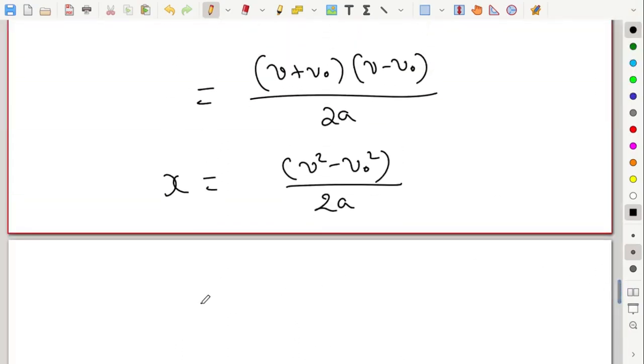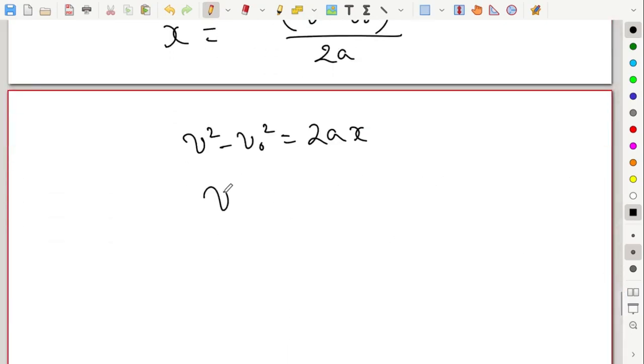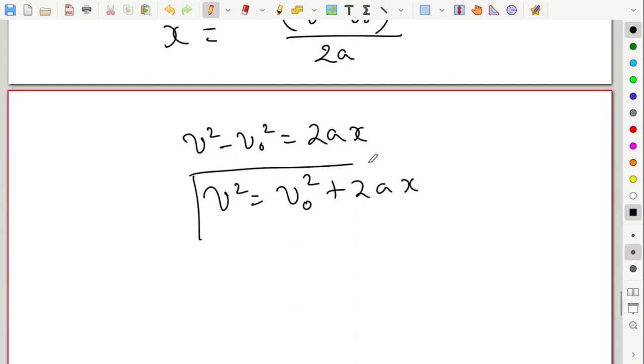So நம்மளுக்கு third equation கிடைச்சிருச்சு. So we have v square minus v naught square equal to, இதை இந்த சைடு கொண்டு போயிடலாம், 2ax, or else we can write v square equal to, this v naught square இந்த சைடு கொண்டு போயினா plus v naught square plus 2ax. Okay. So this is the third equation of motion.